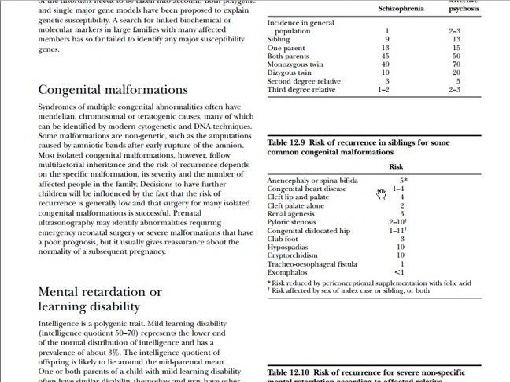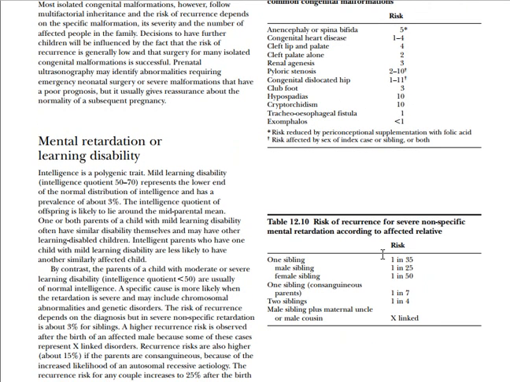Congenital heart disease, recurrence rate is only 1 to 4%. Cleft lip, cleft palate, renal agenesis, these are the different recurrence rates. Pyloric stenosis has a higher recurrence rate, and congenital dislocated hips also have a high recurrence rate. Cryptorchidism and hypospadias have a high recurrence rate.